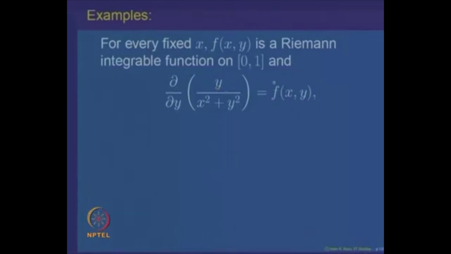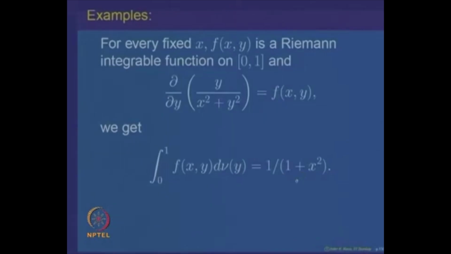So, when I integrate f(x, y) with respect to the variable y, because it is the Lebesgue measure we are integrating, and for a Riemann integrable function the Lebesgue integral is the same as the Riemann integral, that will give me that the integral from 0 to 1 of f(x, y) d nu(y) is equal to 1 over, because y is 1, 1 plus x square.